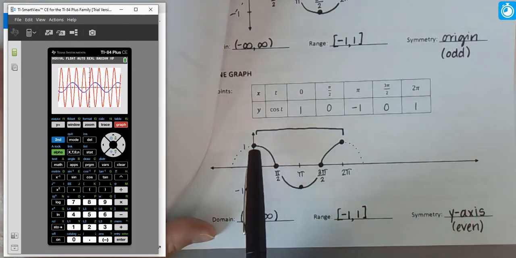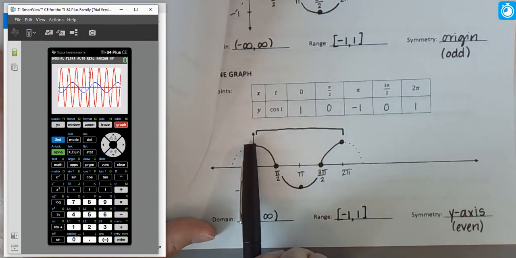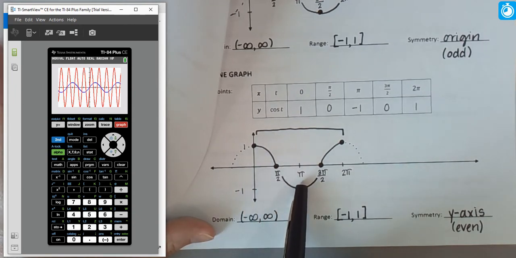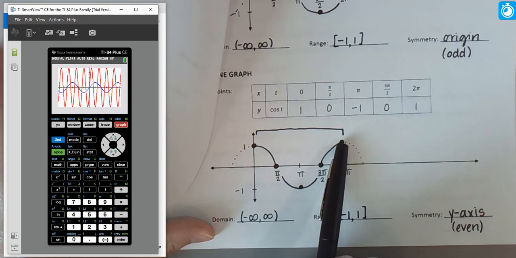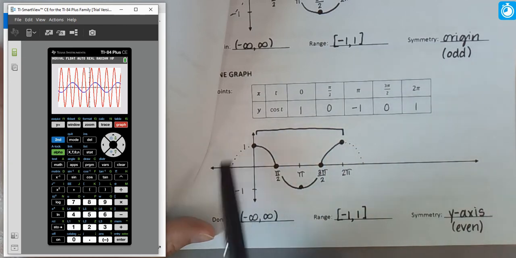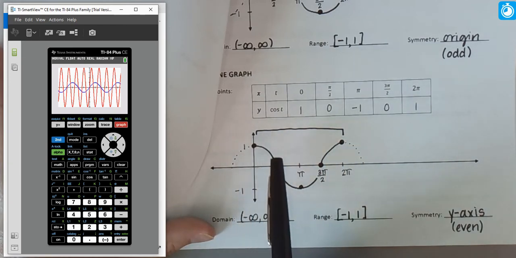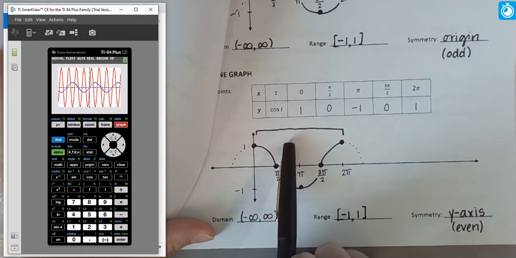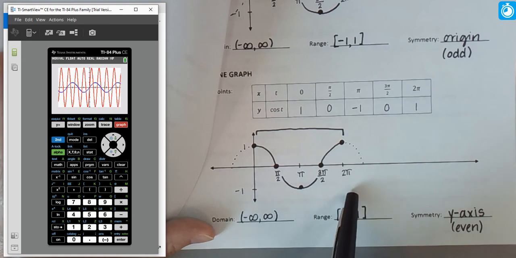Now the cosine is going to start at its maximum and then go back to its central line and then go to the minimum, central line, and then back to the maximum over a single period, and then of course it repeats. Now we're reflecting this vertically, which means the original starts at the maximum, so our graph is going to start at its minimum and then increase and then decrease.